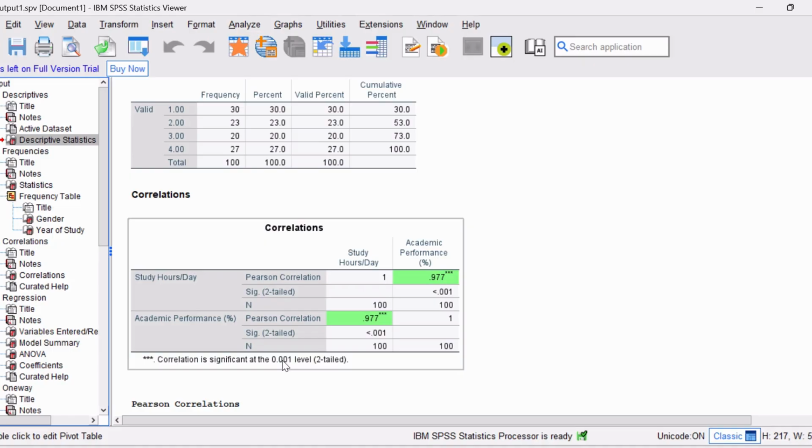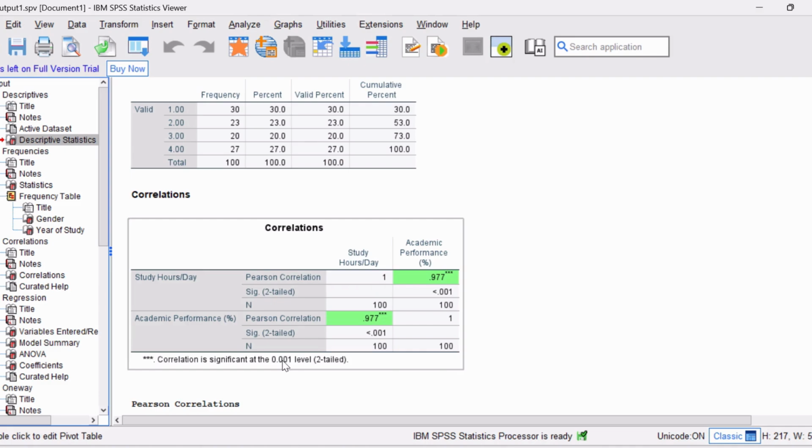Because this dataset was designed for teaching purposes, these are some of the examples of the relationships I mentioned earlier that might appear stronger than research typically observes. Nevertheless, the interpretation remains the same. We observe that study hours and academic performance are strongly and significantly related.